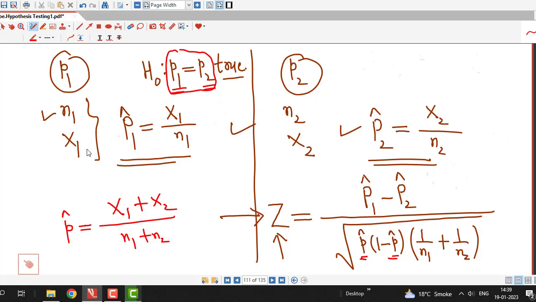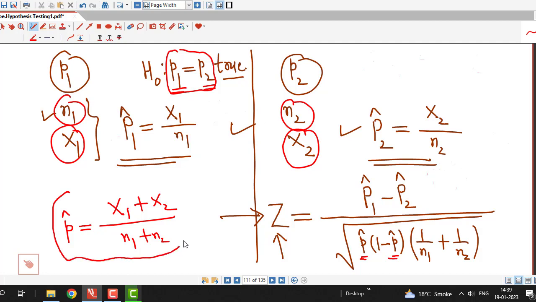In a problem related to this, you will be given the sample sizes and the number of elements with the particular characteristic in those two samples. Using this data you find the estimator for the common value of the population proportion, and then using these formulas you find the sample proportions, and then you calculate the value of the test statistic.